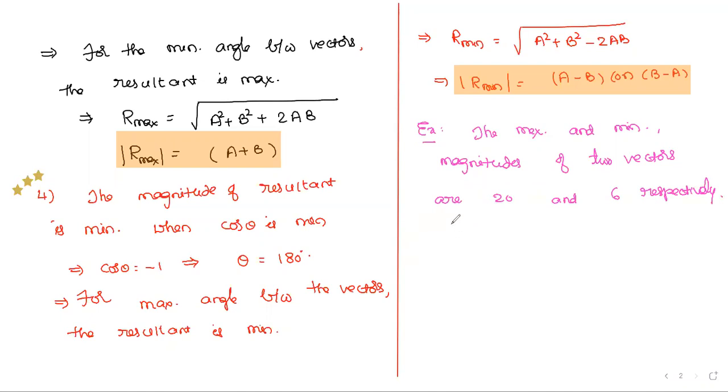Okay. Find the magnitudes of the given vectors, the magnitudes of the given two vectors. Identify. Anyone first catch the point here? If you catch what he asked, then you can post your answer there.